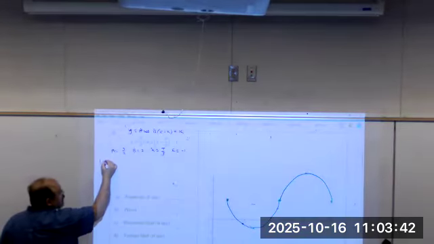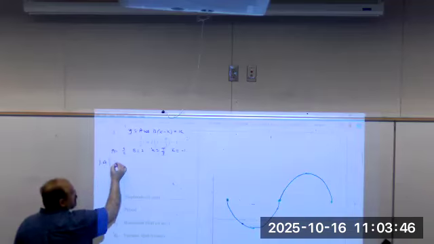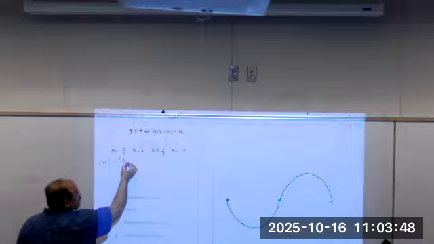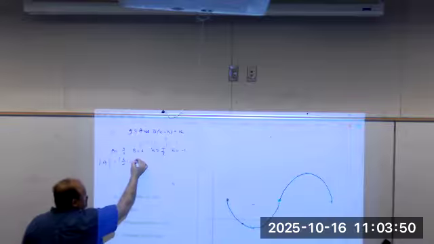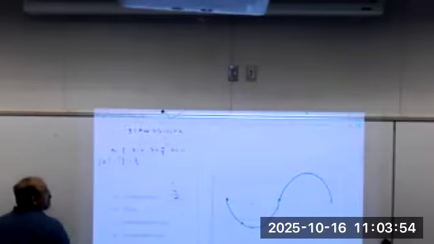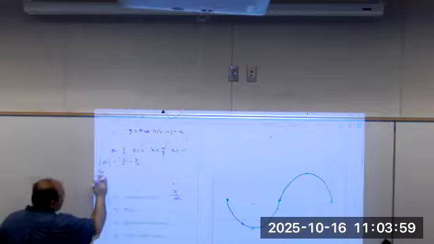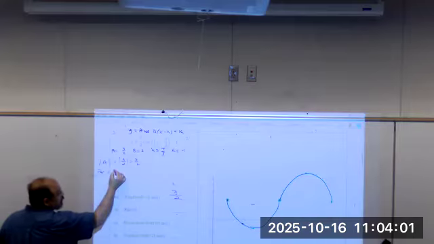Amplitude, so absolute value of A. I keep writing that just because it's one of the favorite formulas. Absolute value of 3/2 is 3/2. And then period is equal to 2 pi over b.